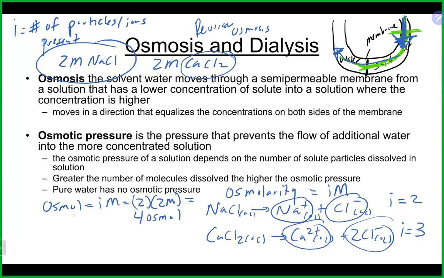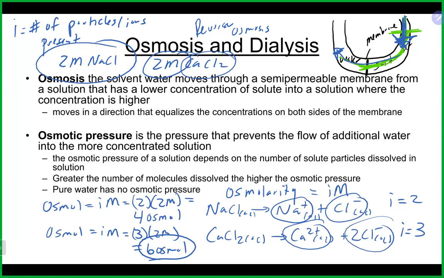So if we calculate the osmolarity for the same 2 molar solution of calcium chloride, we would get 3 times 2 molar, which means 6 osmolarity. Which one has the higher osmolarity? It is the calcium chloride. It has a greater osmotic pressure because it has more particles floating around in the solution.